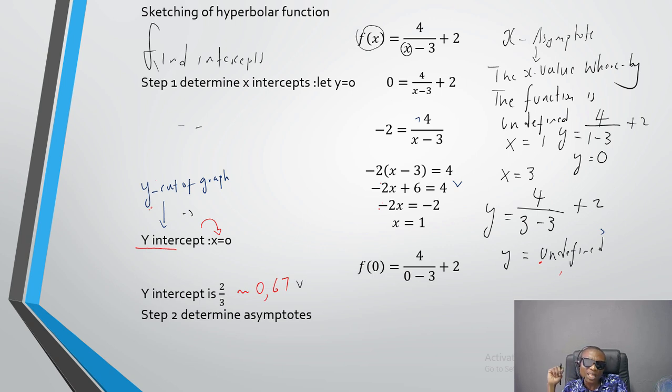There is no value of y that exists there. The function is undefined. So we say x being 3 is the x-asymptote. What is the x-asymptote? That value of x whereby the function is undefined. The function in this case is undefined when x is equal to 3. So x being 3 is the x-asymptote.